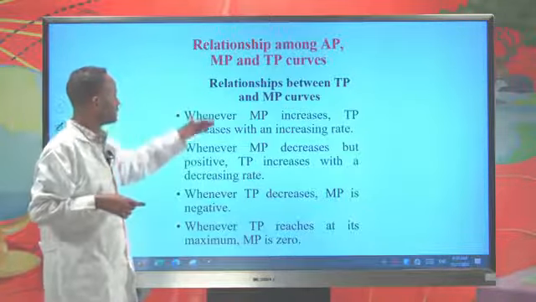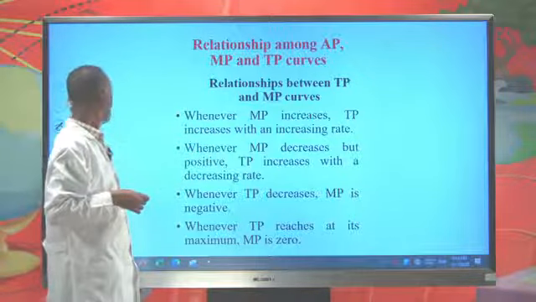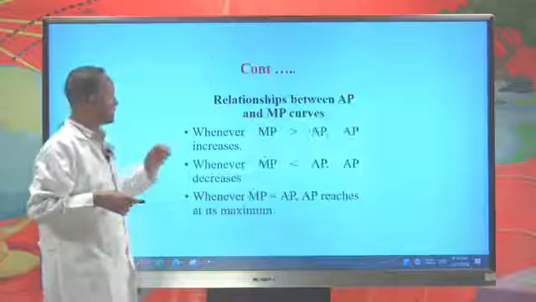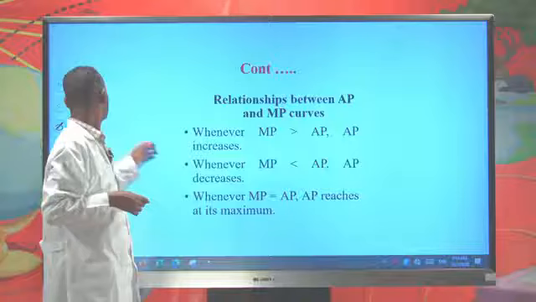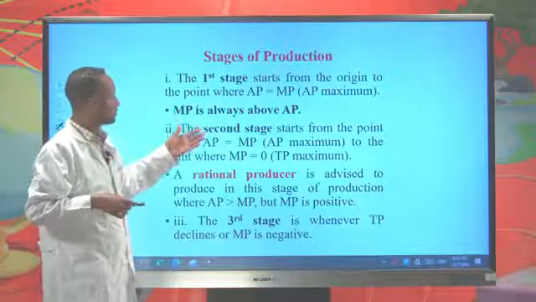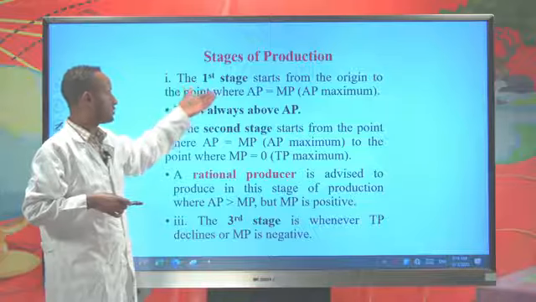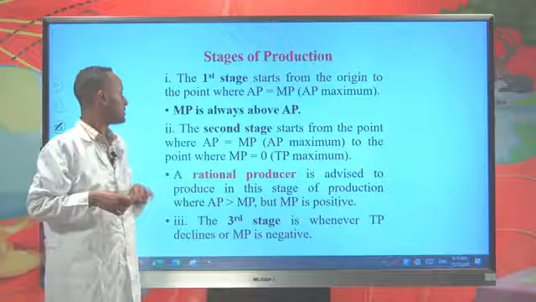This is about the relationships between TP and MP curves. This is the relationship between the AP and MP curves. And I told you the stages of production. The first stage starts from the origin to the point where AP is equal to MP, to the point where AP is maximum.